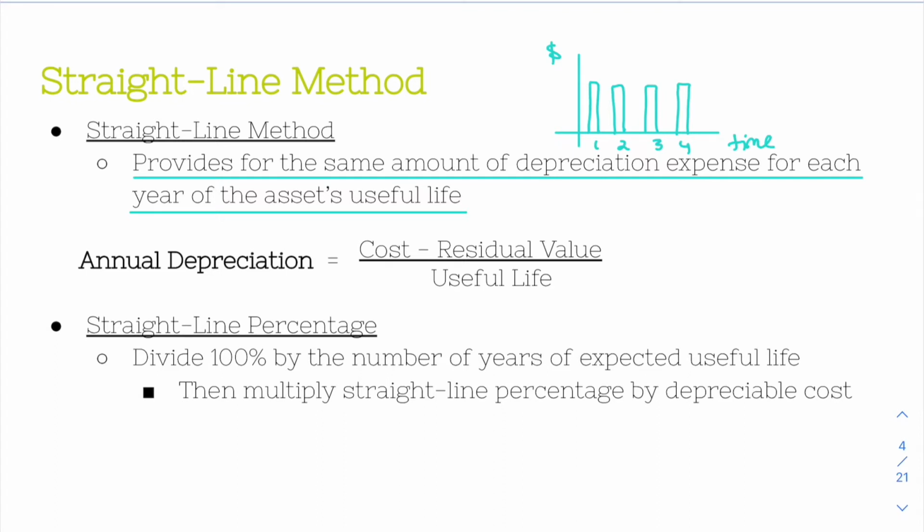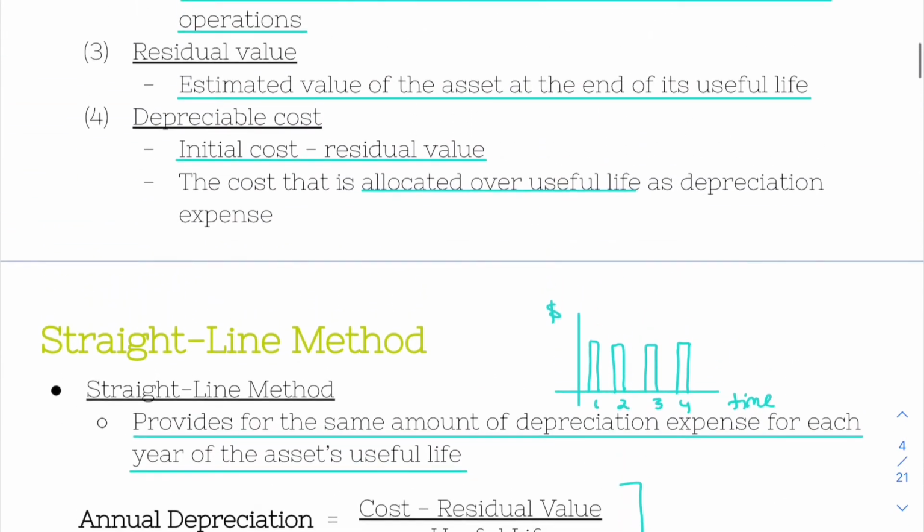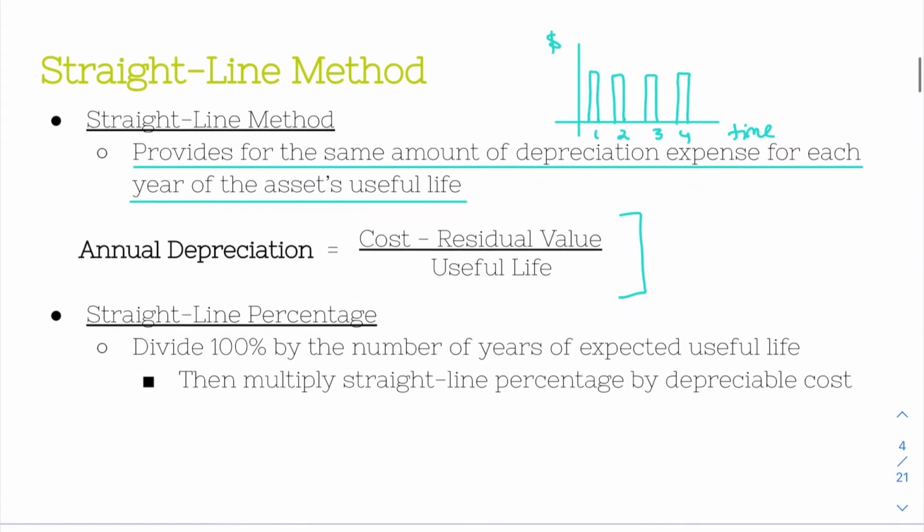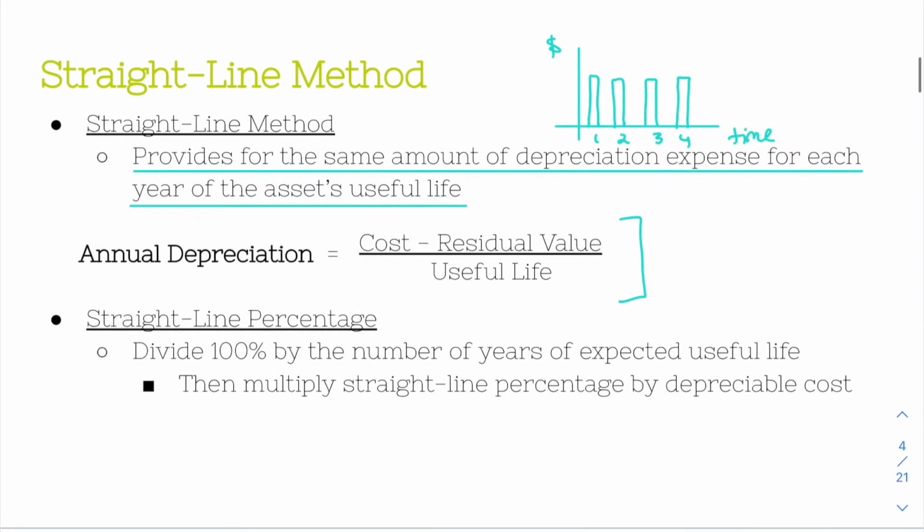So how do we calculate this? The formula is pretty simple. Annual depreciation is equal to the initial cost minus the residual value, which you might recognize as the depreciable cost, which I talked about earlier. That's up here, depreciable cost. And that is divided by the useful life, so the number of years of useful life.